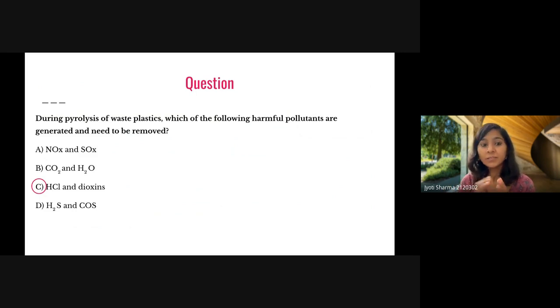can cause cancer. So that's why pyrolysis is very harmful unless it is happening within a sealed box, or at a sealed place. So pyrolysis should be under very controlled conditions.